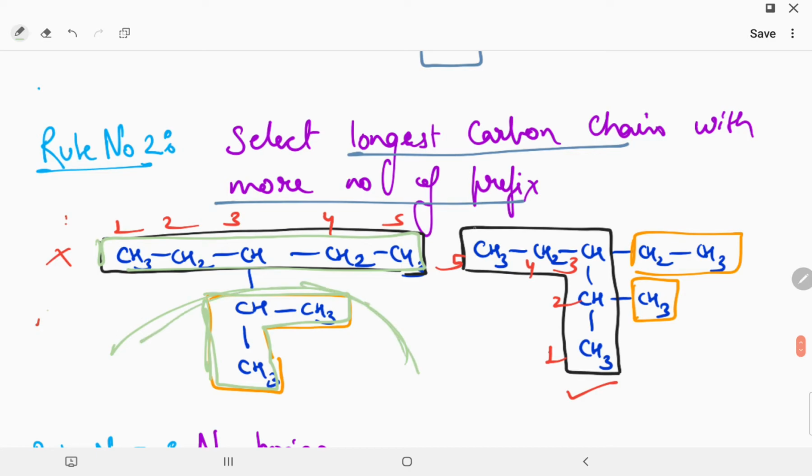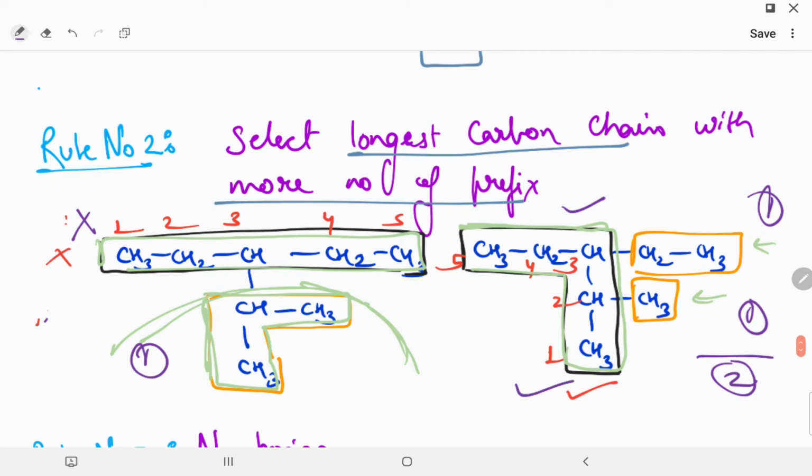And if I select the parent chain like this, we have two prefixes. So which one is correct, sir? This one is correct and this one is not, because in this one there is only one prefix, while in this one 1 and 1, so the total prefixes are 2.